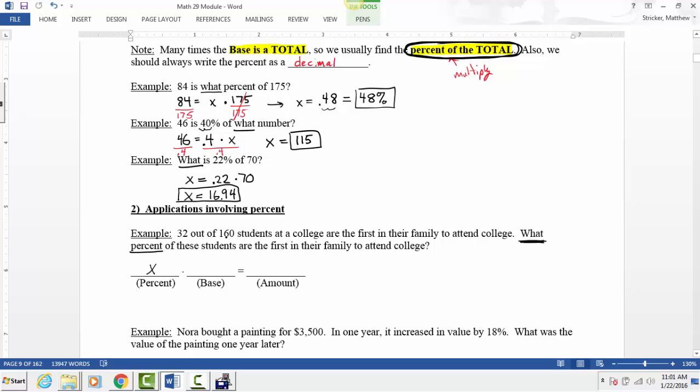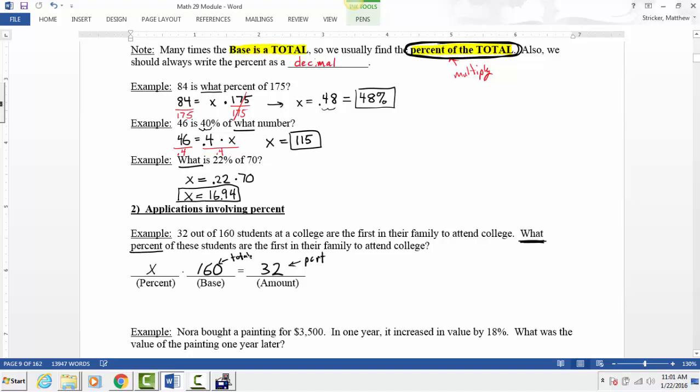What's the total number of students at the college? It's the 160. So we're taking the percent x, we don't know, of 160, or times 160. That equals the part, or the partial amount. This is the part. This is the total.